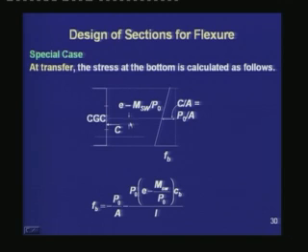Once we know the eccentricity of C, now since we do not have a triangular stress block anymore, we cannot use the proportionality equations as we had used before. We are calculating the stress at the bottom based on the individual components: the stress equal to minus P0 by A, which is the uniform stress component, and then minus P0 times the eccentricity of C, which is E minus Msw divided by P0, times the depth of the bottom point from the CGC, which is Cb, and then divided by I.